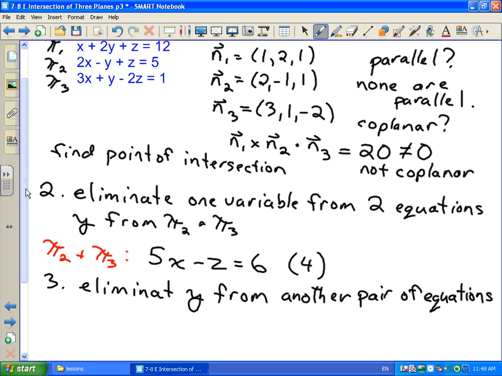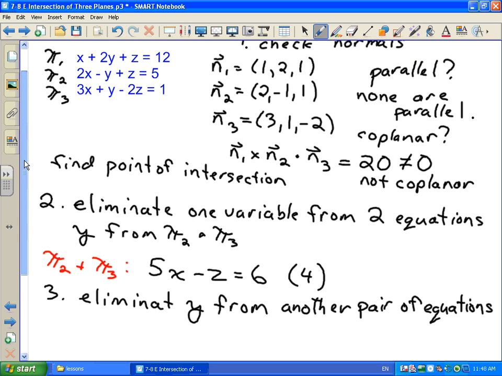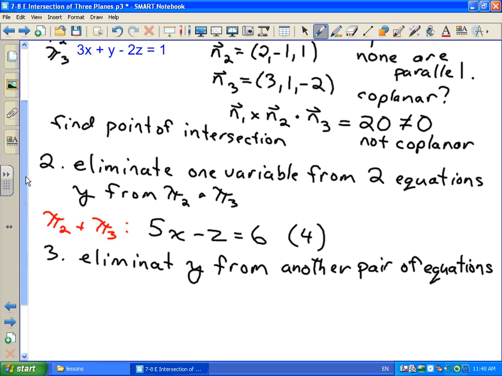If we multiply 3 by 2, oh wait, we could do 1 and 2. That would be even easier because they have opposite signs already. So what we're going to do here is take plane 1 and add to it 2 times plane 2.